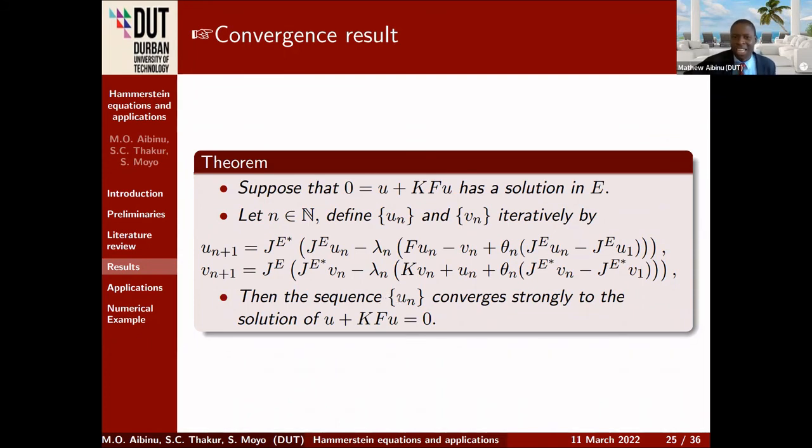They may say there exists a constant such that this sequence converges to the solution of this Hammerstein equation. But there has never been a way in which they explain how this constant is obtained. No explanation was given. The statement just says there exists a constant. But in our results, we use a technique which does not make use of such kind of assumption.